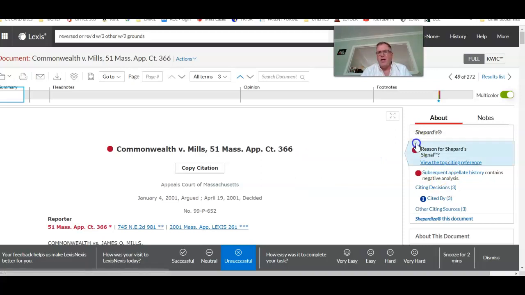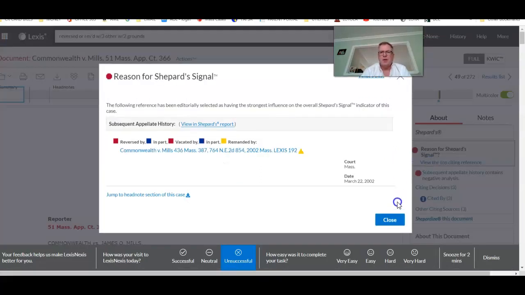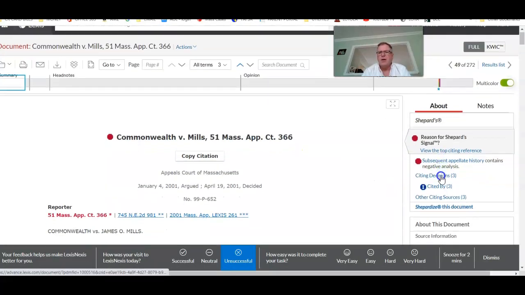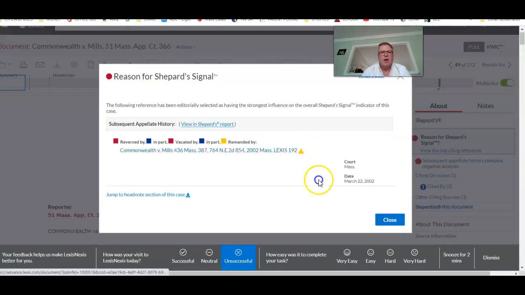So let's go over to here, and we see that it says view the top citing reference. That's almost always the case. That will take us to the case that reversed it. Okay, so that will take us to the Supreme Judicial Court decision that reversed Mills. Okay, so we click on this. Oh, I'm sorry, that didn't do that, did it? I did that wrong. Let me see. Top citing reference.